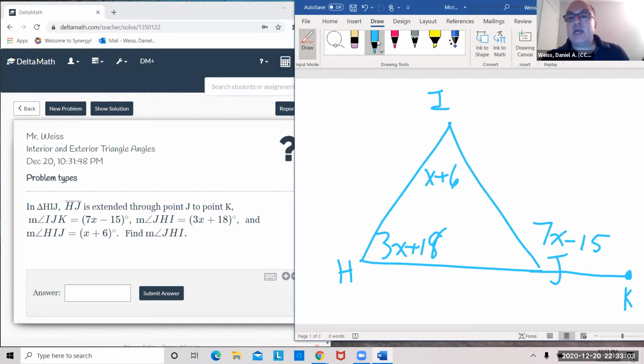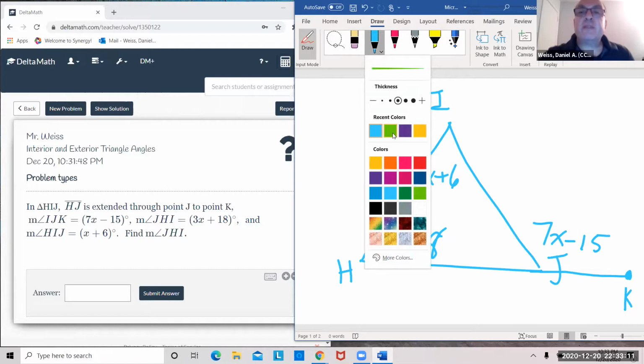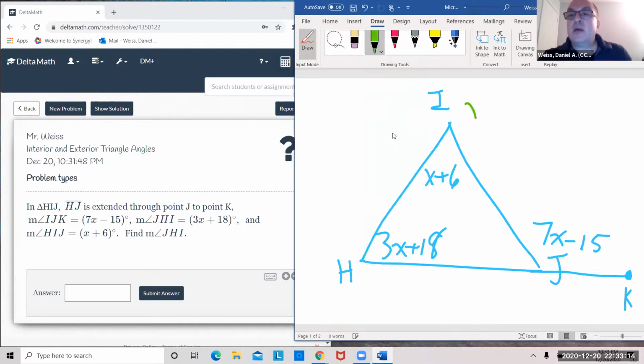Find JHI. So you have to solve for x. How are you going to solve for x? You're going to take x plus 6. Don't forget, this guy plus this guy equals this guy.